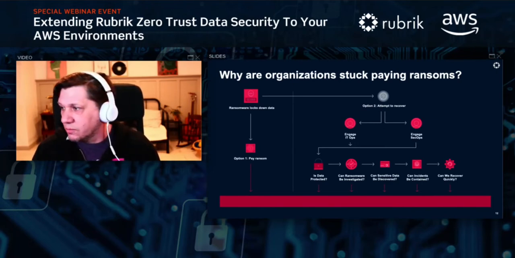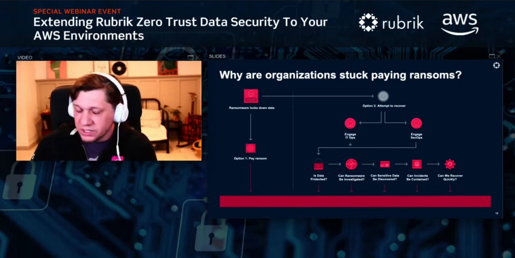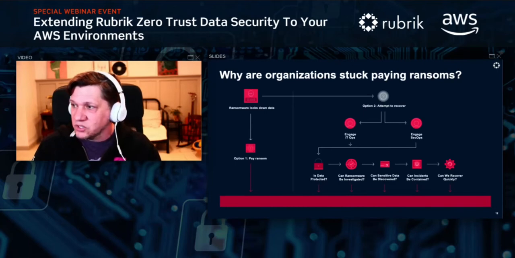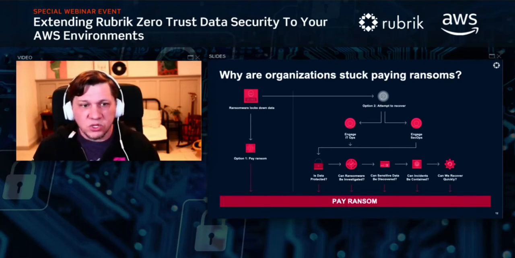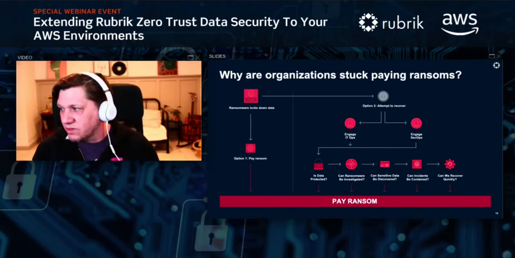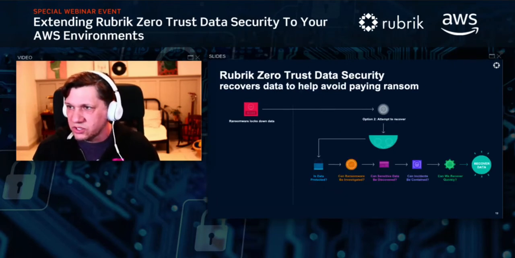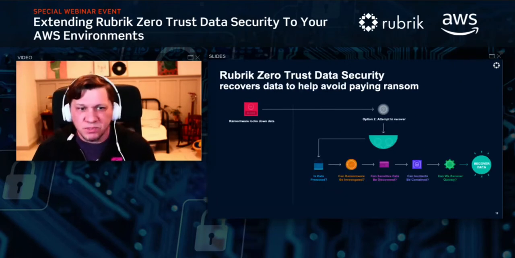That's another important aspect. And without Rubrik, or without the ability to answer any one of these questions, if we say no to any of them, it almost always leads to pay the ransom, right? And again, we've just discussed why that's not always an ideal solution. Number one, money-wise, but number two, time-wise.